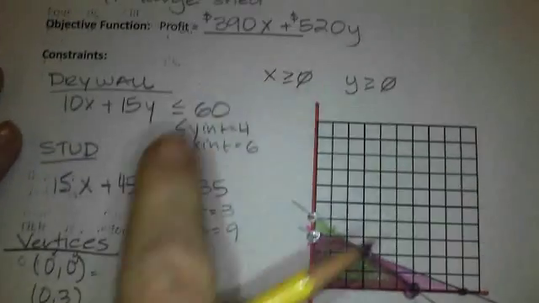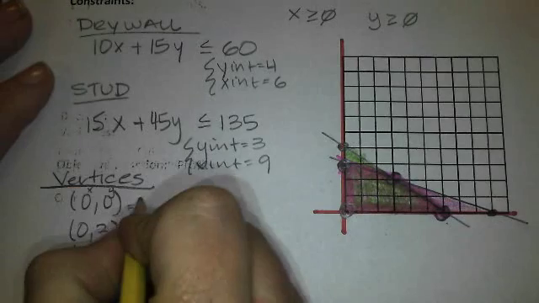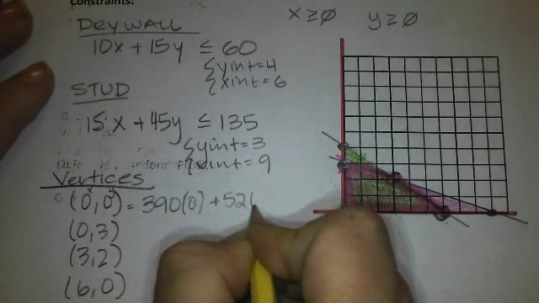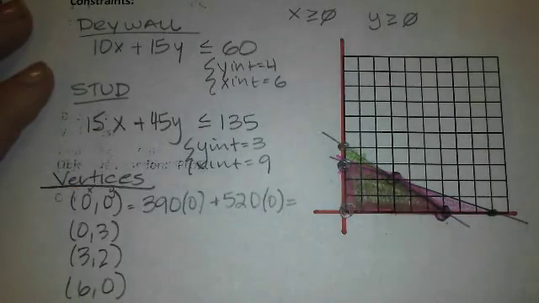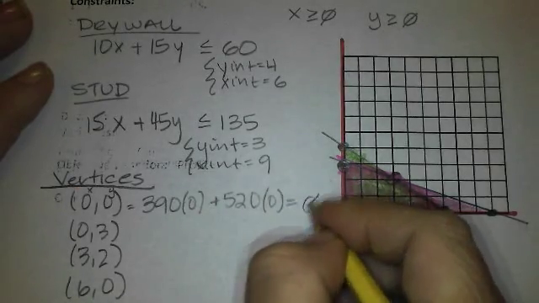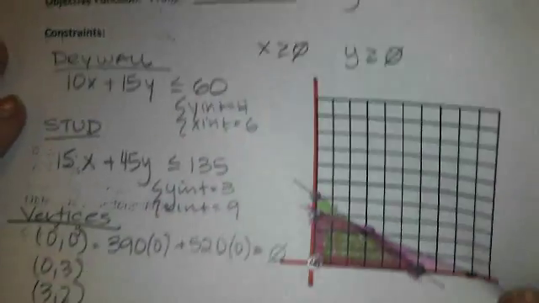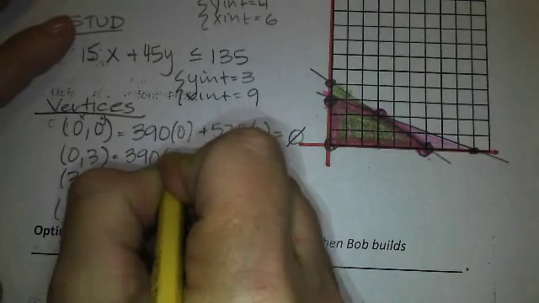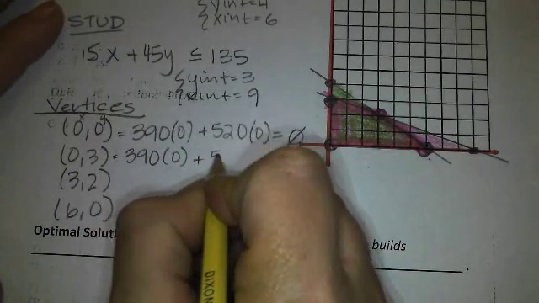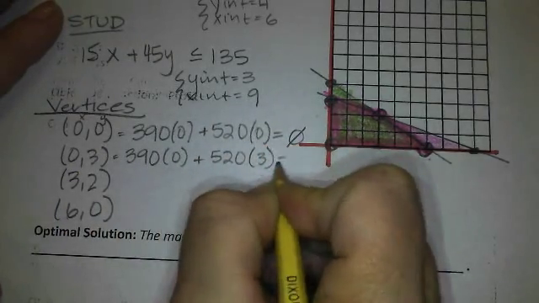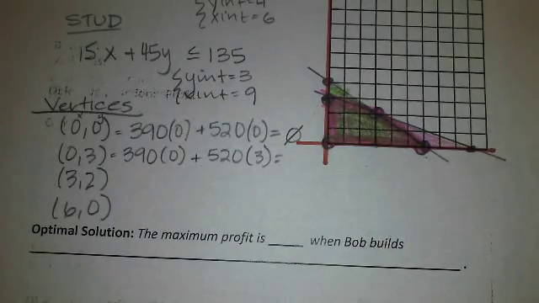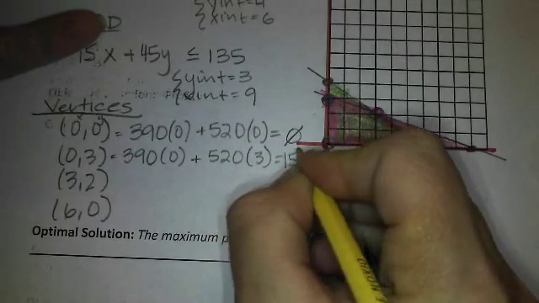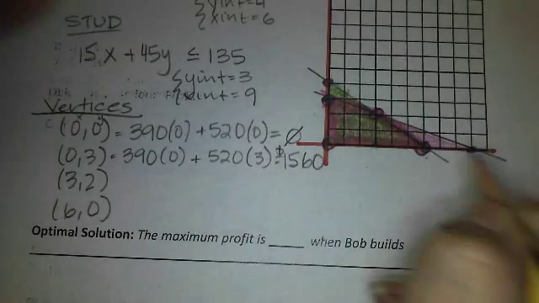So, if you remember my profit equation, I'm going to say 390 times 0 plus 520 times 0 equals what? Well, obviously 0, if you don't make anything, you can't make profit. Well, we have 390, if I make 0 of that small shed, and I make 520 on that one, I say 520 times 3 gives me $1,560.